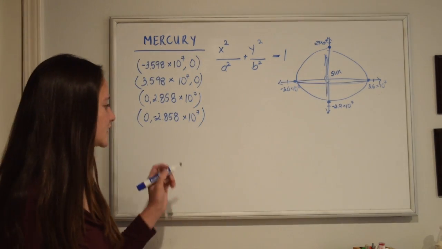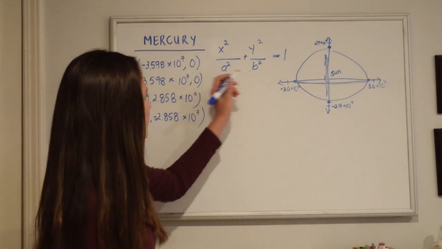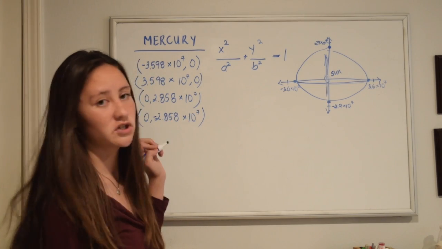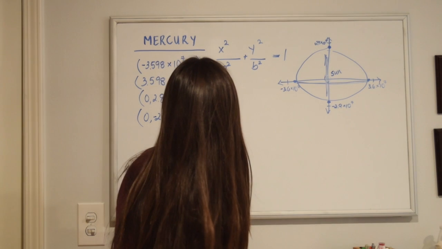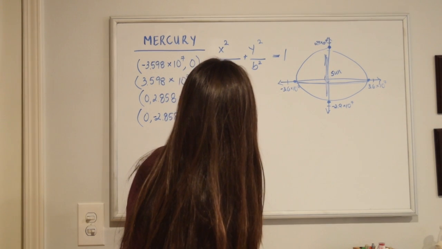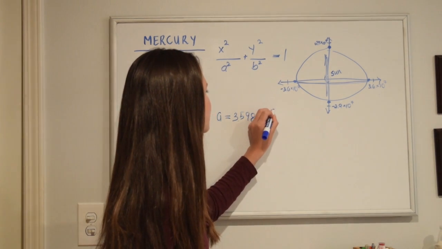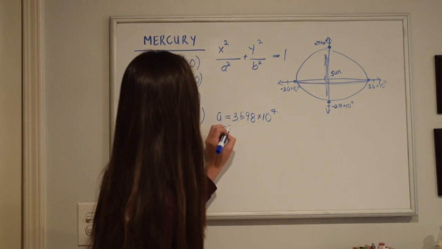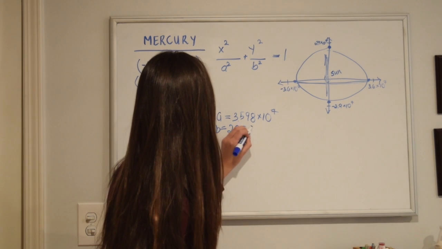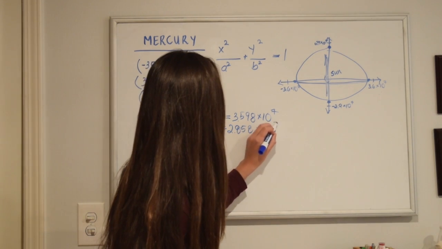So the semi-minor axis is going to be your b value, and the semi-major is going to be your a value. So your a value is 3.598 times 10 to the 7th, and your b is going to be 2.858 times 10 to the 7th.